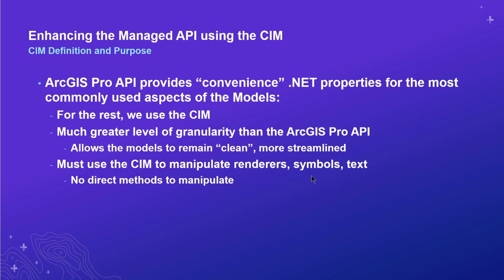We could have simply hoisted these properties onto the models directly, but instead we've used a technique called progressive disclosure. We have the models as your high-level API, and when you need finer granular access, you drill down into the CIM. In certain cases, there are no wrappers, so you have to use the CIM directly anyway. This is the case for renderers, symbols, and texts.